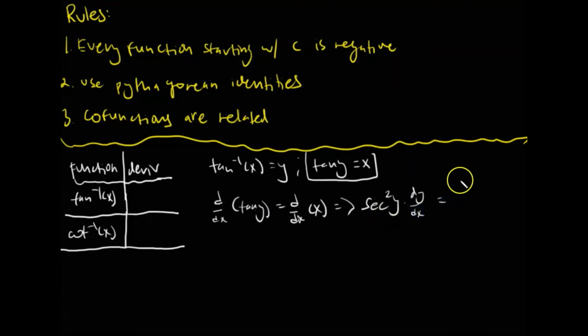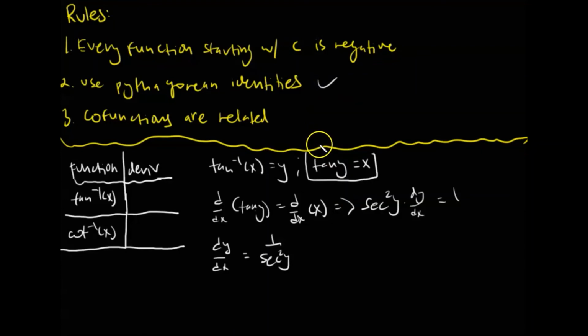And then d dx of x, that's just 1. And once again, we solve for dy dx. So divide both sides by secant squared y. So 1 over secant squared y. And once again, we have to invoke one of our Pythagorean identities.